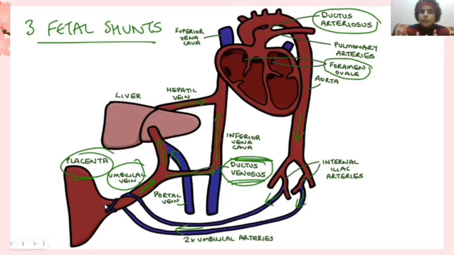So this is the fetal circulatory system. I hope this mechanism is clear to you.